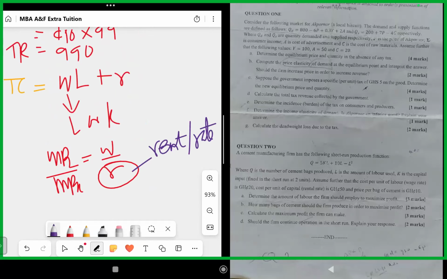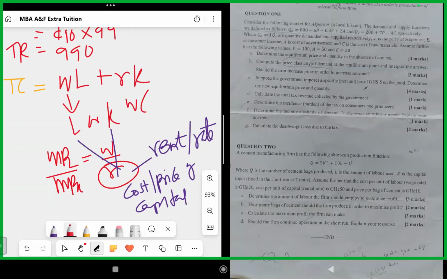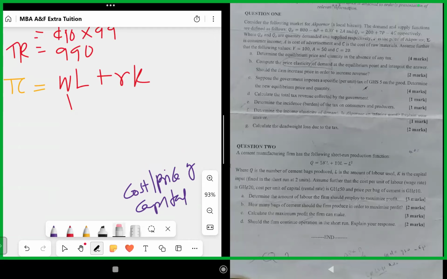It can represent cost or price of capital, right? So the R is associated with L or K? K. So that also multiplies the K. So it's just like saying W times L plus R times K. Are we okay? All right. So now back to what we are trying to say here.